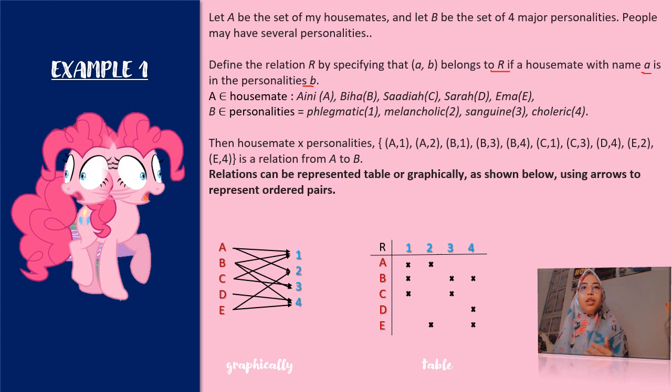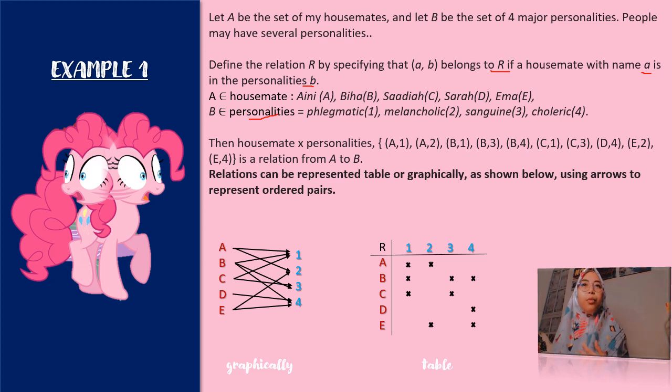A is the set of housemates. For example, Aini, but we can shorten by writing A, Biha as B, Sadia as C, Sarah as D, and Emma as E. Then B is the set of personalities.